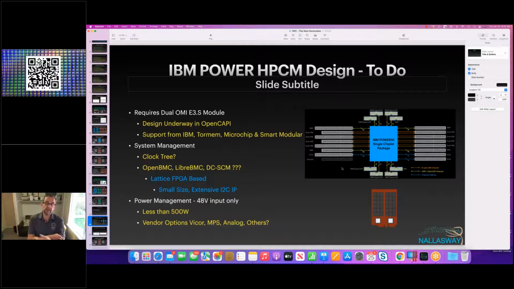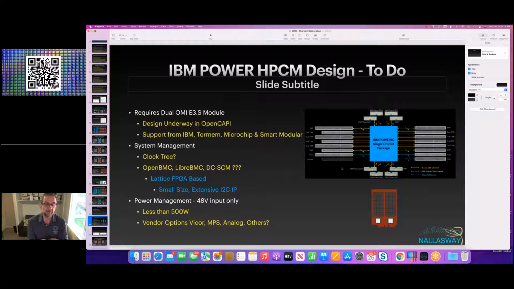And then on the power management, we've only got 48 volts coming into this. The 48 volt power modules have been coming in the industry for a few years now, and certainly in this module world, Vicor have led the charge, and I think it's Vicor on every OEM module, like the NVIDIA SXM modules.